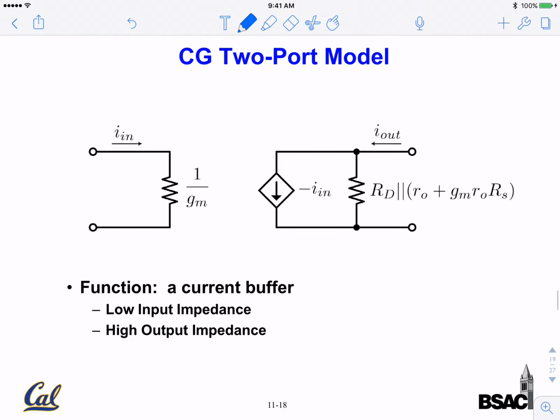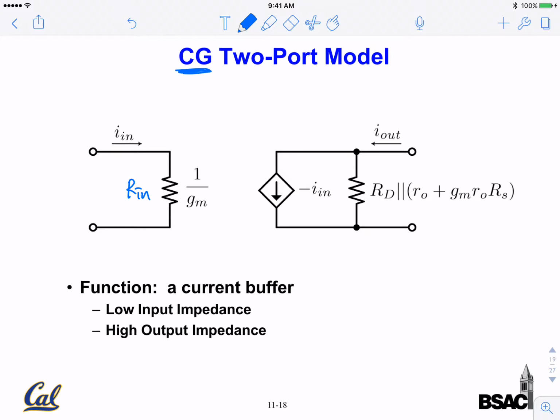So we now have this two-pole model. Okay, so the common gate, if we model it as a two-pole model, this two-pole model is not to be confused with the small signal pi model of a transistor itself. This is the whole circuit. The whole circuit, we look in, this is Rin.